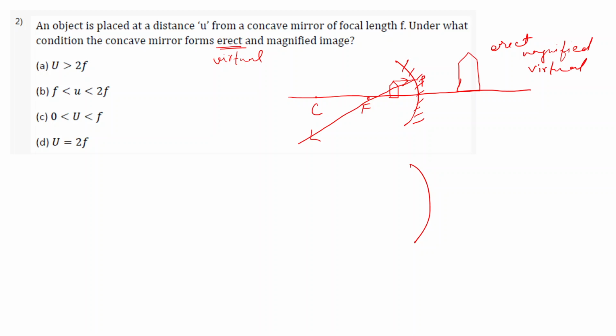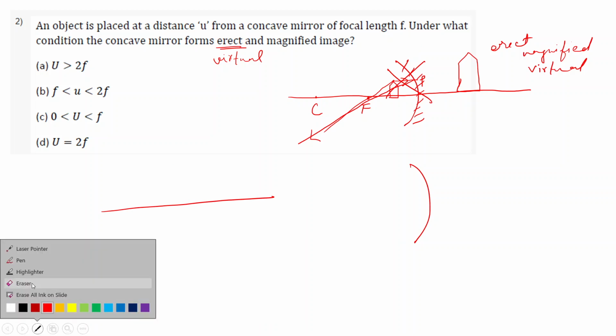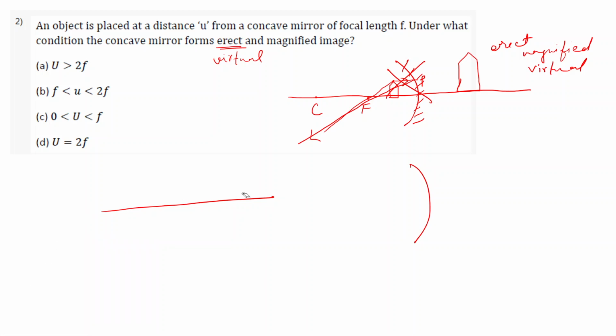So one ray parallel passes to the focus, another ray we can consider passing from the focus, another ray, okay sorry, I'm sorry, it's difficult to draw things here. Let me make it again here.